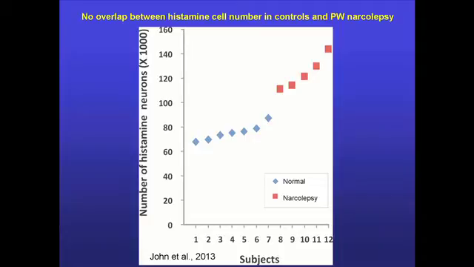When you look at the subject all the way to the right, this individual has more than double the average number. So there's a tremendous increase. And I should point out, Dr. Scammell will be speaking here, I understand, later. He has the same finding, and both studies are now online, but they'll be officially published back-to-back in Annals of Neurology.